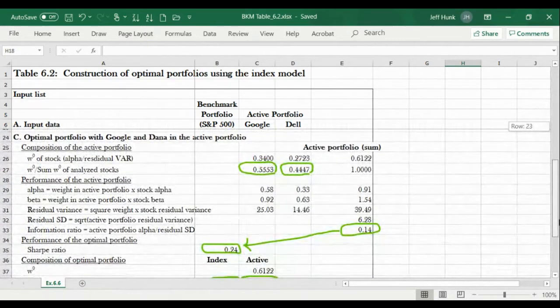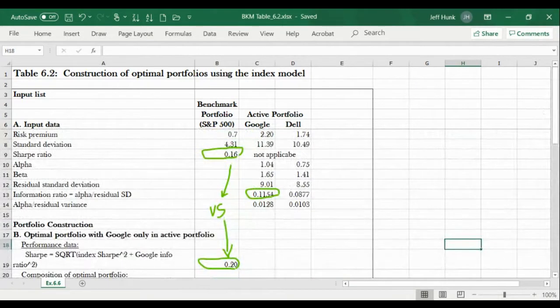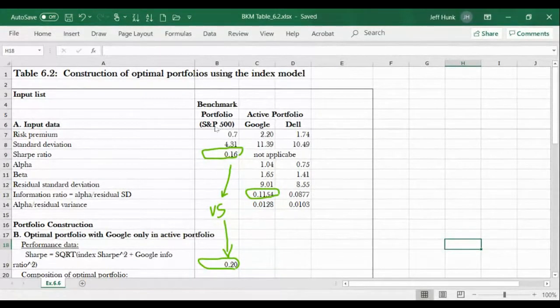So first of all, let's take a look at the input data, panel A. This is our S&P 500, our passive portfolio, and our risk premium is 0.7%.